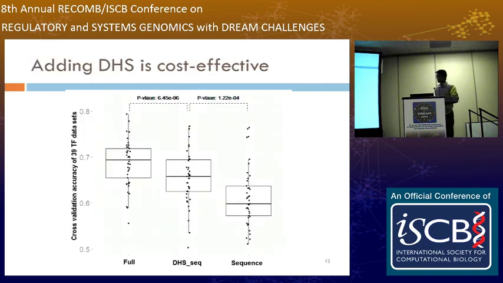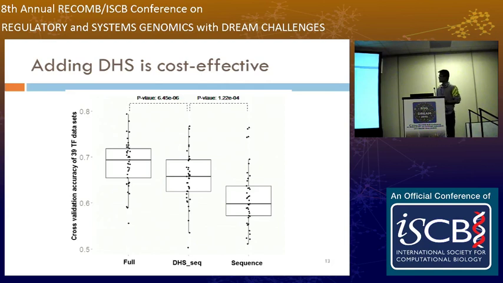And here is the cross-validation accuracy of all the 39 TF data sets. Basically, you will see the full model, which has a lot of features, would outperform the DHS-seq and the sequence model.